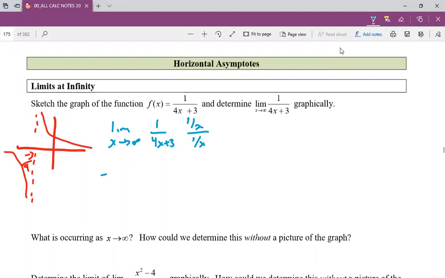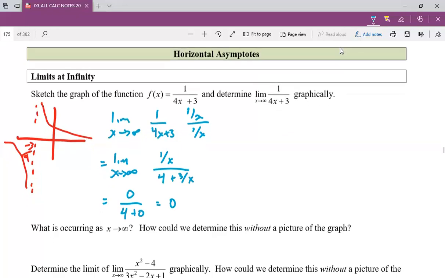And then this ends up being equal to the limit as x goes to infinity of 1 over x over, and we distribute, and this becomes 4 plus 3 over x. As we take x going to infinity, as we evaluate this limit, this becomes 0 over 4 plus 0, which is, of course, just 0.